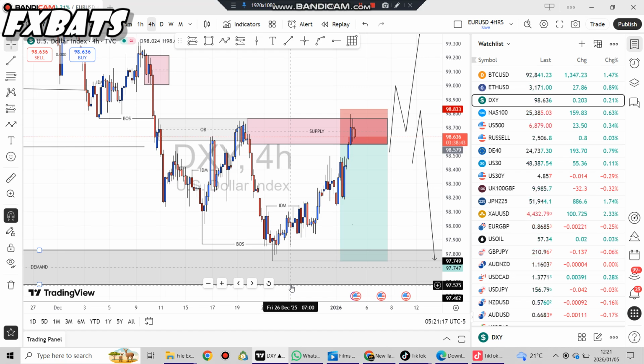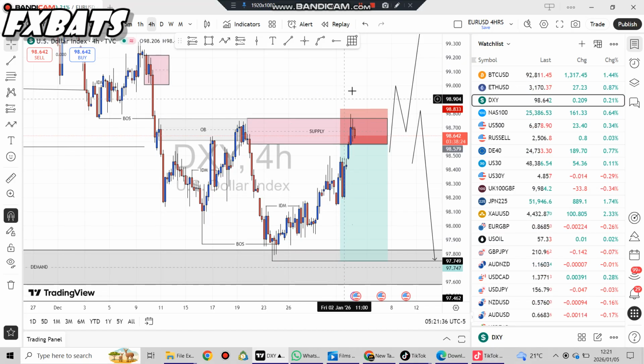I was just waiting for price to mitigate back to our key areas of premium. When you put a fib from high to low, you can see that price is above the premium areas, and that's where I marked this area of supply.